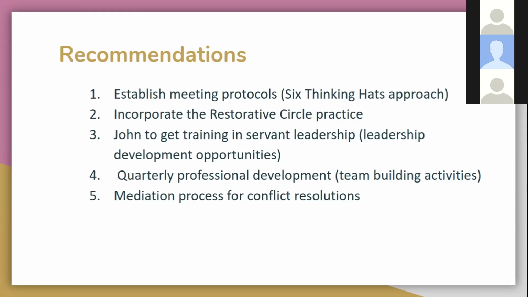Thirdly, it's important to get John trained on servant leadership and other leadership development opportunities to make sure he's a competent leader, along with quarterly professional development and team-building activities to keep team cohesion. And lastly, when there is a dispute, a mediation process for conflict resolution.